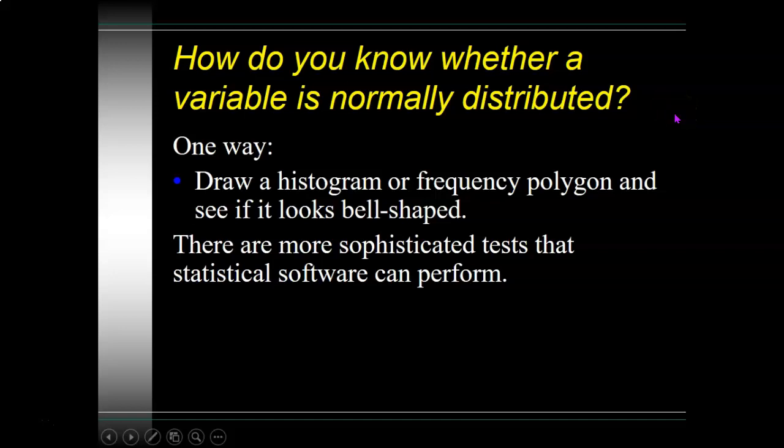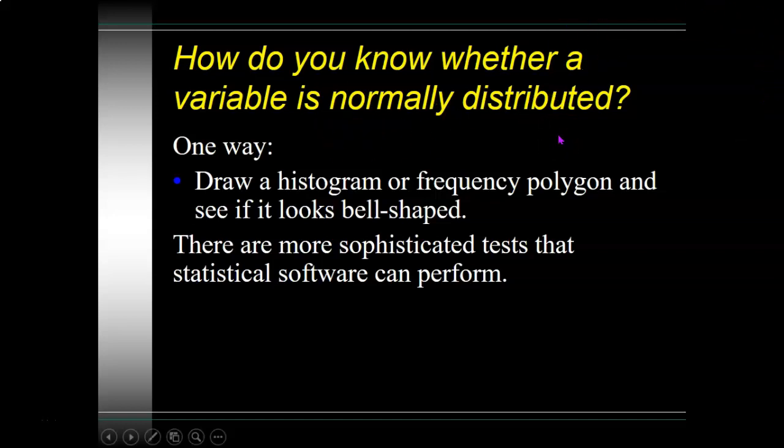Now, one way you could do it would be to go out, gather a bunch of data, construct a grouped frequency distribution, draw a histogram or a frequency polygon for your data, and see if it looks bell-shaped. See if the shape of your graph is high in the middle and symmetric and like it's supposed to be for a normal distribution. And there are more sophisticated tests that you can do.